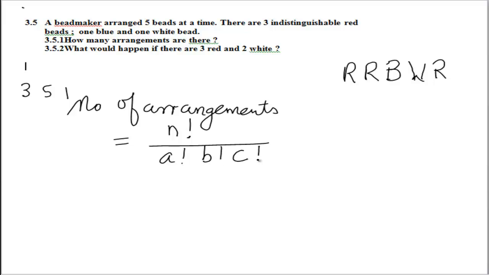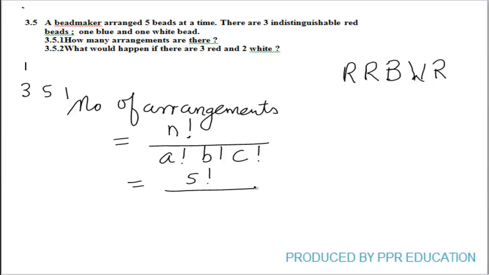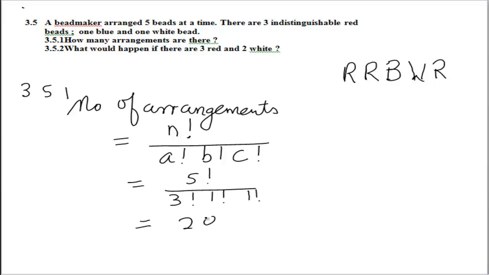The n is actually divided into those 3 groups. So we are saying 5 factorial divided by a factorial, which is 3 for the reds, so 3 factorial, 1 factorial times 1 factorial. 1 factorial times 1 is 1. So 5 factorial divided by 3 factorial, and that gives you 20.